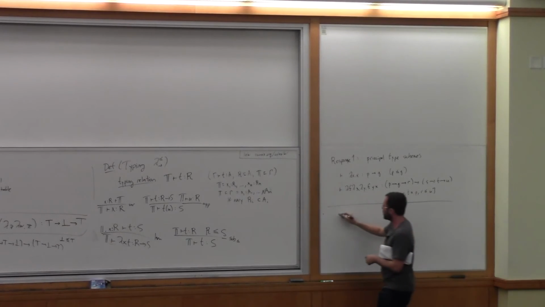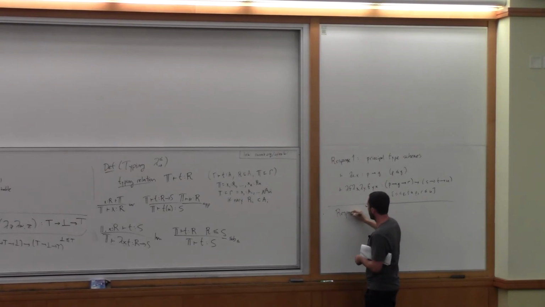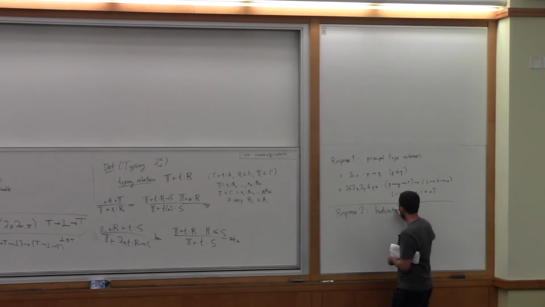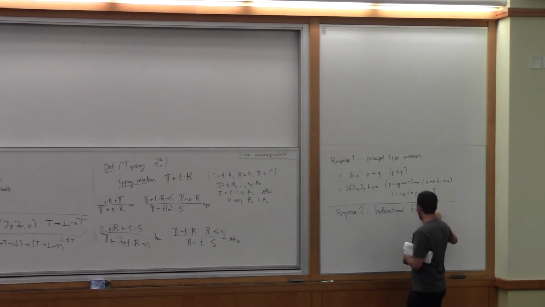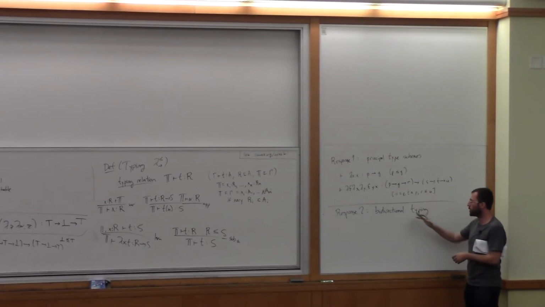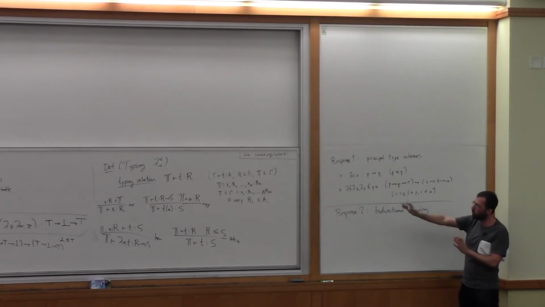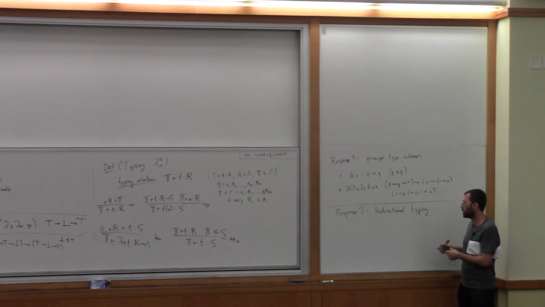But now there's another possible response, which is called bidirectional typing. For various reasons, this approach has advantages, which in this simple system are not so obvious.